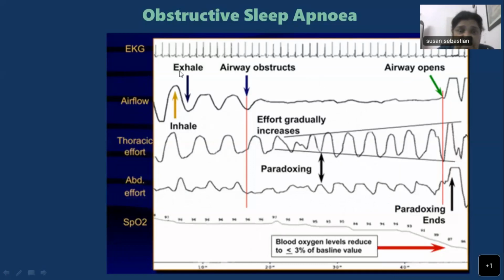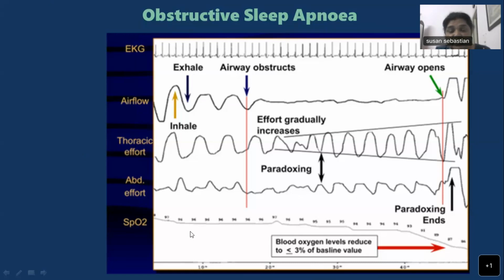So this is inhale, exhale, and the patient is breathing. There is an obstruction anywhere along the upper airway. The flow gradually decreases, and because of that, there is increased effort and paradoxical movement of the thorax and the abdominal muscles because they are working against a closed airway.